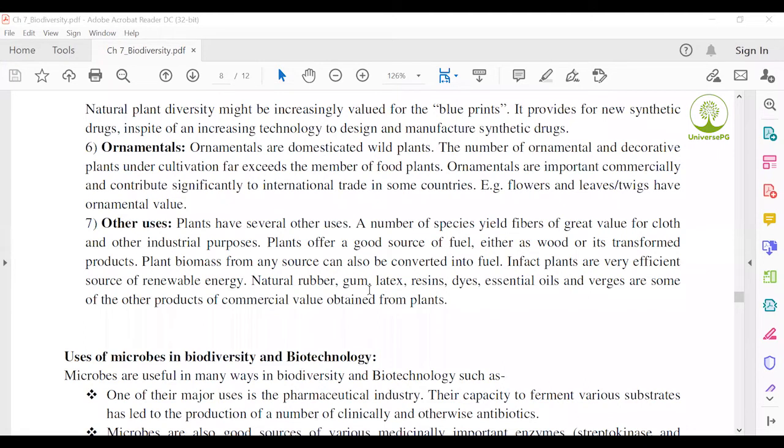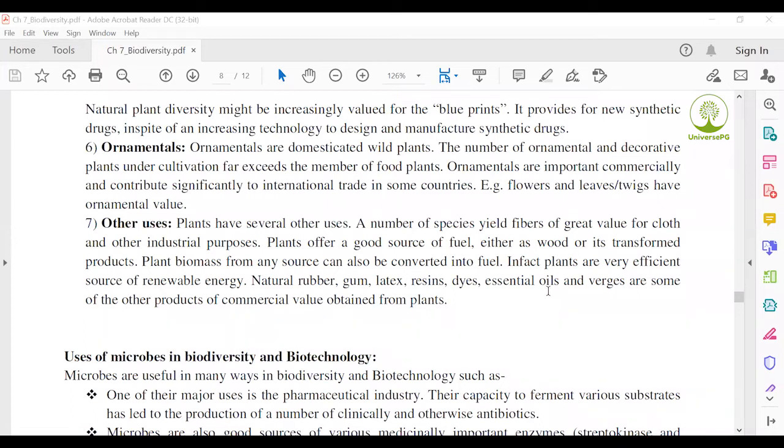This blue color is generally used in different types of textile products such as denim pants, and we use different types of color for dyeing in different textile products, and different types of essential oil.